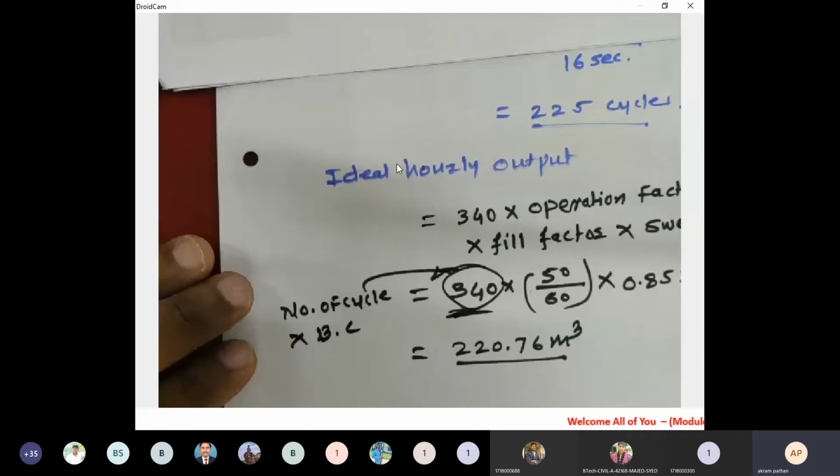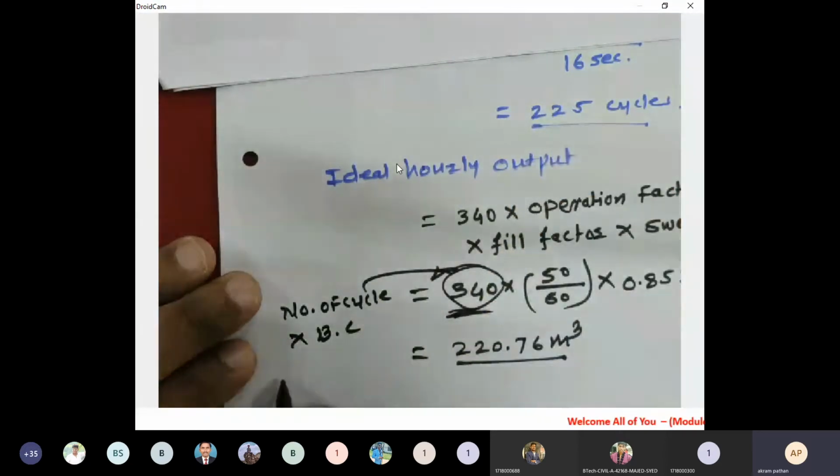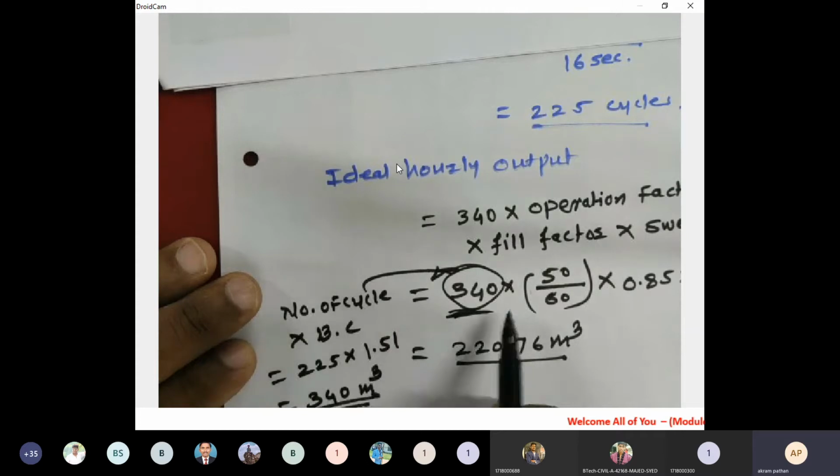The number of cycles we have calculated is 225, so this is 225 into the bucket capacity given in the problem, 1.51 meter cube. So this will be 340 meter cube. That's why we have taken the ideal hourly output as 340 into operation factor into fill factor, right?